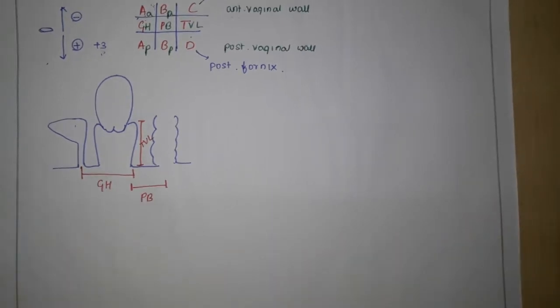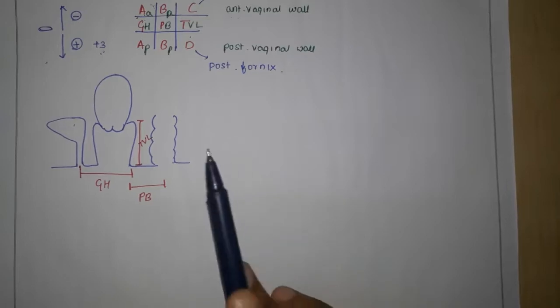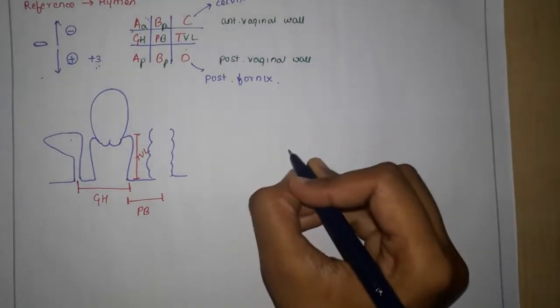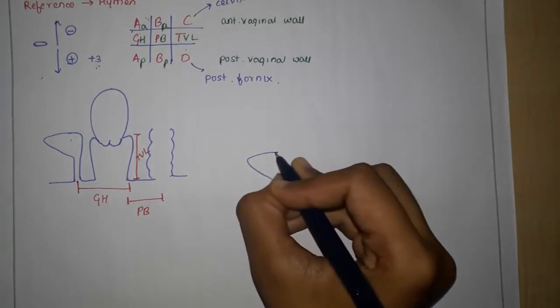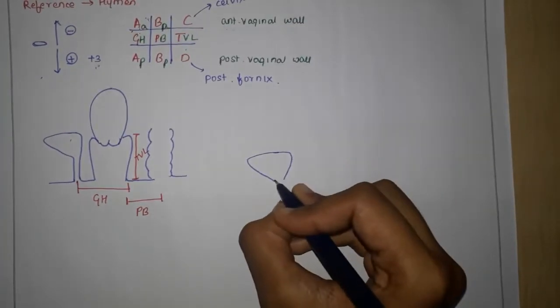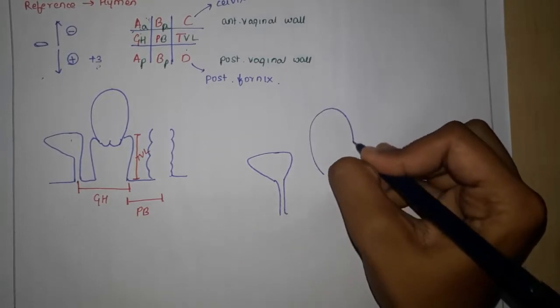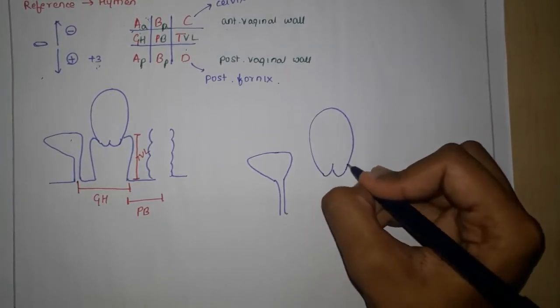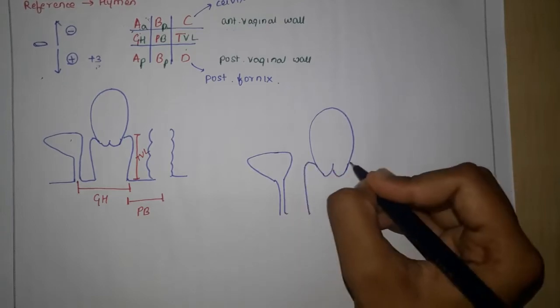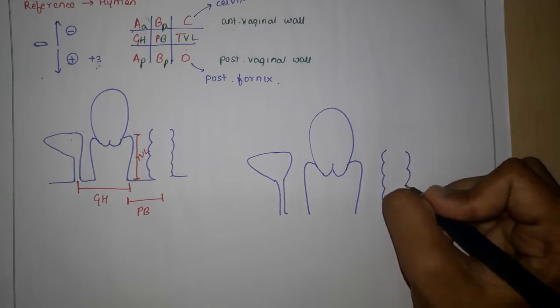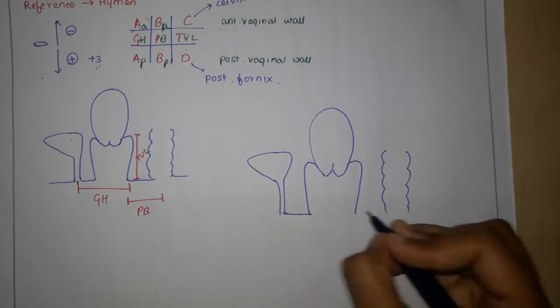Now coming to what are the fixed points A, B, C, D. Again we draw the schematic diagram. The uterus, and the rectum.